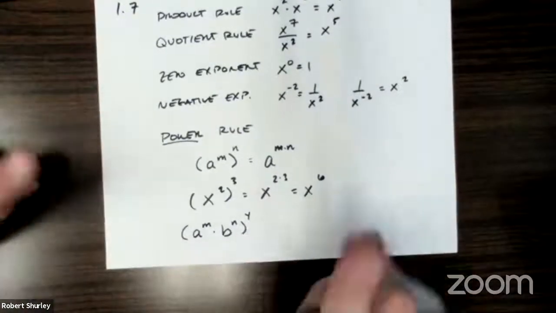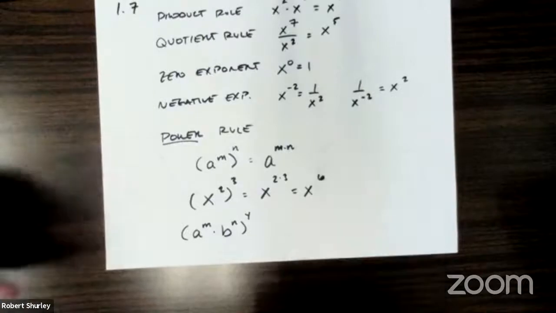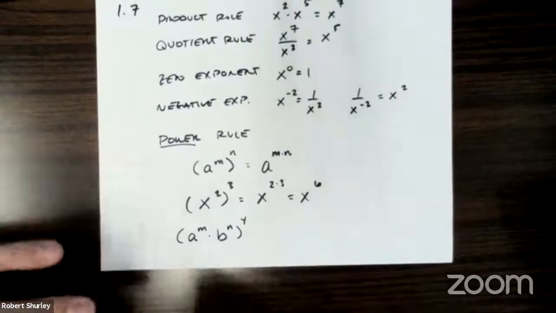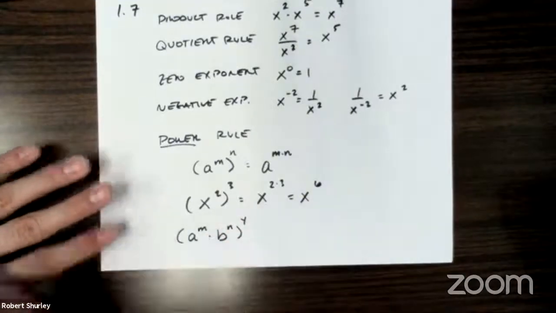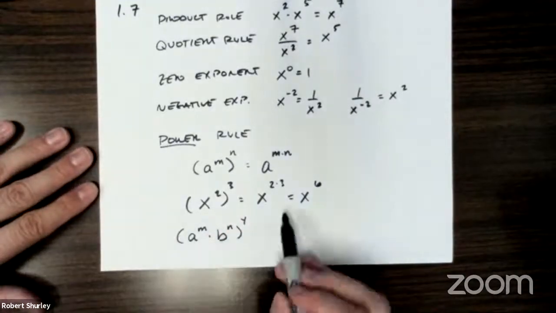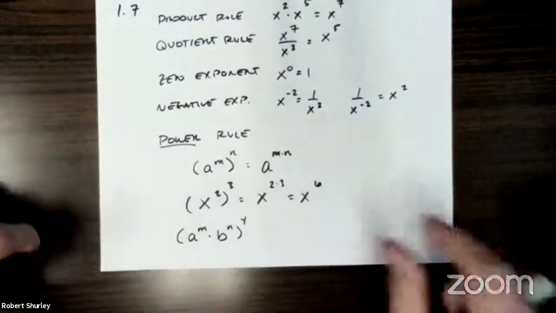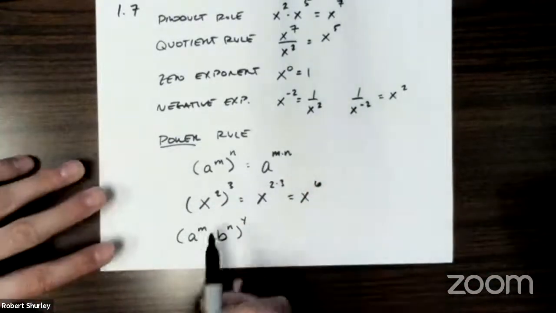The major point of emphasis is that this has to be multiplication. If this was addition, we could not distribute the y. We would have to FOIL it out, multiply it out long ways. I'm going to show you that here in a minute.